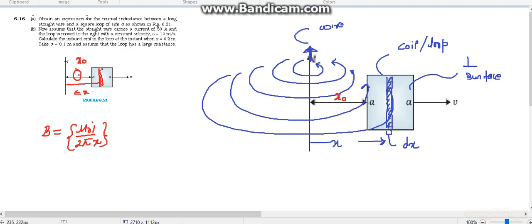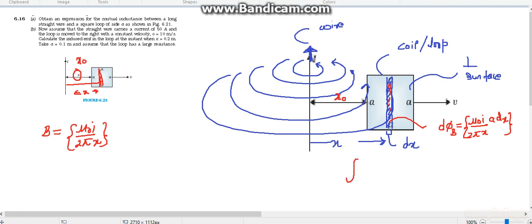Now the flux passing through this small strip, due to the magnetic field, will be mu 0 I upon 2 pi x into a dx, which is the flux through the small strip.